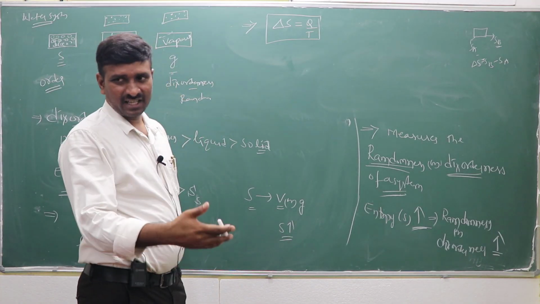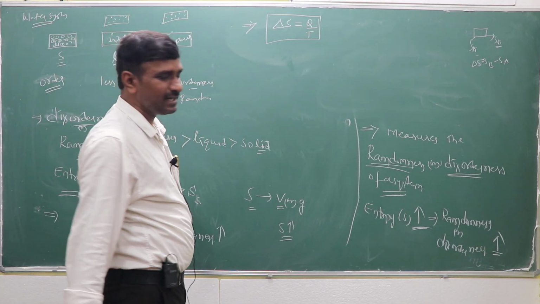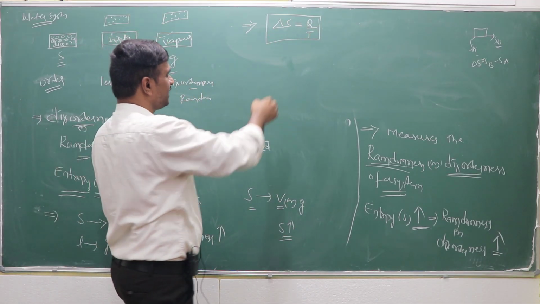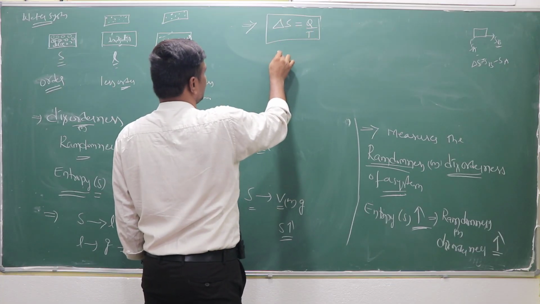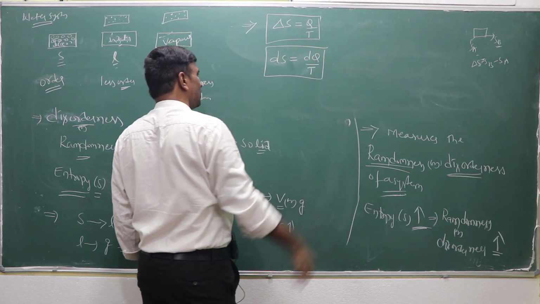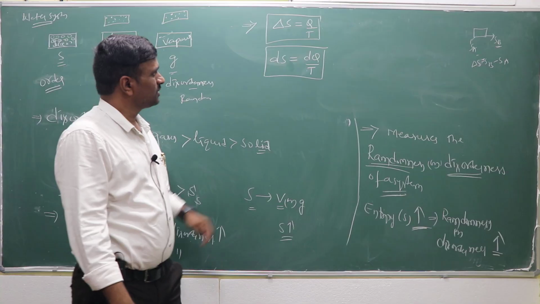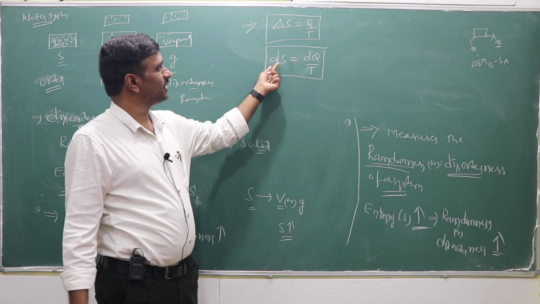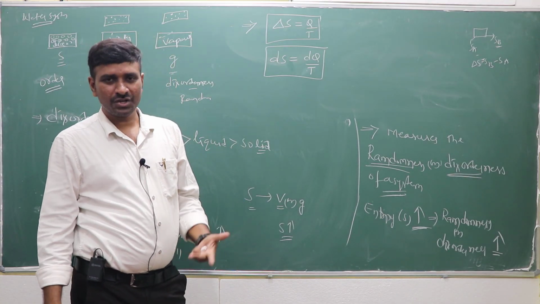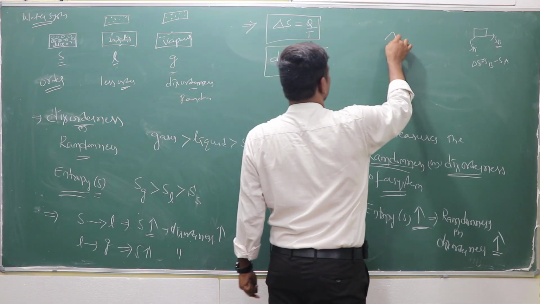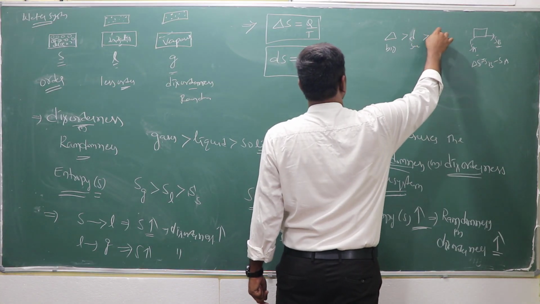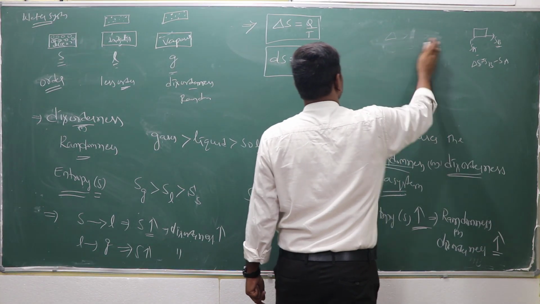We can consider the given statement equation: delta S is equal to Q by T. Delta S is the change in entropy, Q is heat, either heat absorbed or emitted, and T is the temperature. Now here, in an infinitesimally small process, dS is equal to dQ by T. Delta is big, d is small, for a particular system.